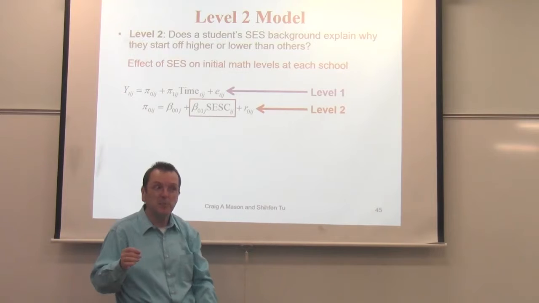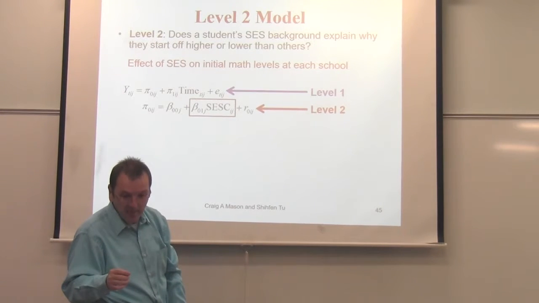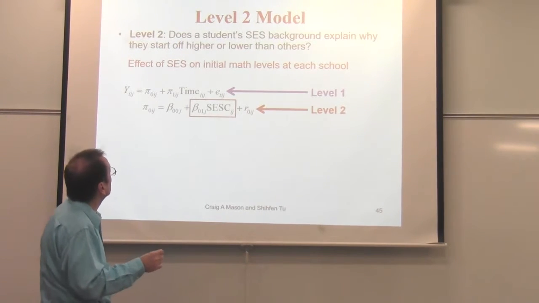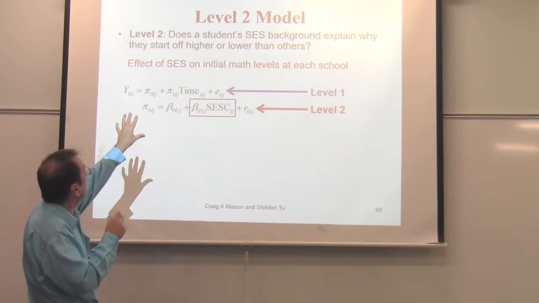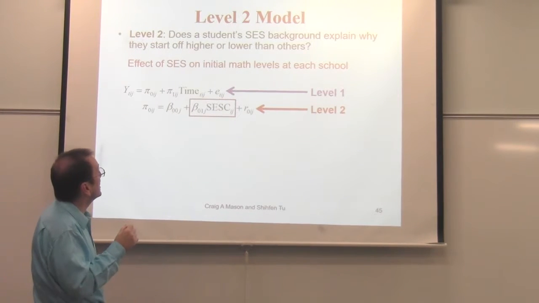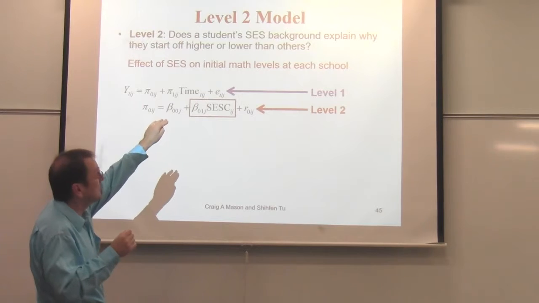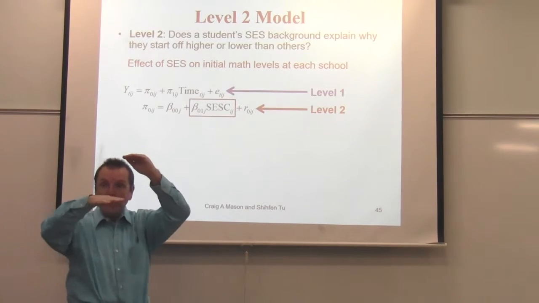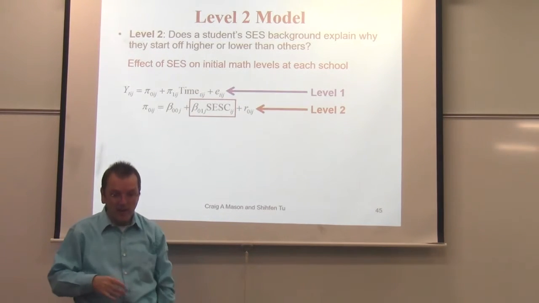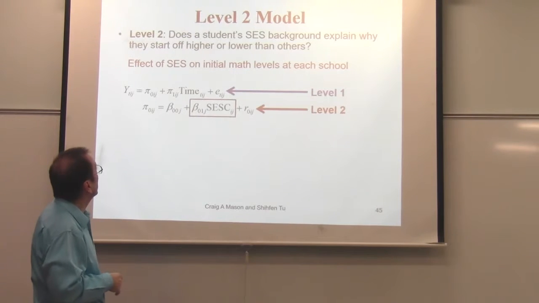If your head's spinning, that's all right. The key here is to start thinking in terms of what's a level 2 question. Level 2 is looking at those student characteristics. Are they starting higher?